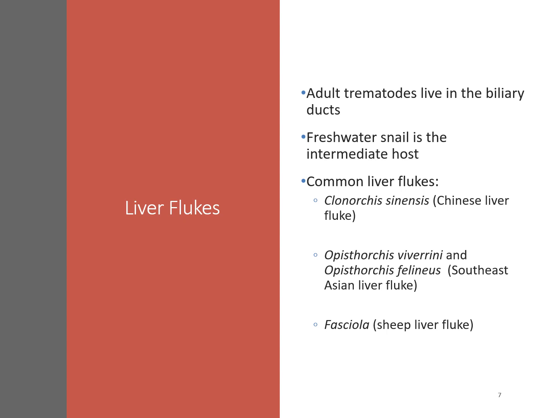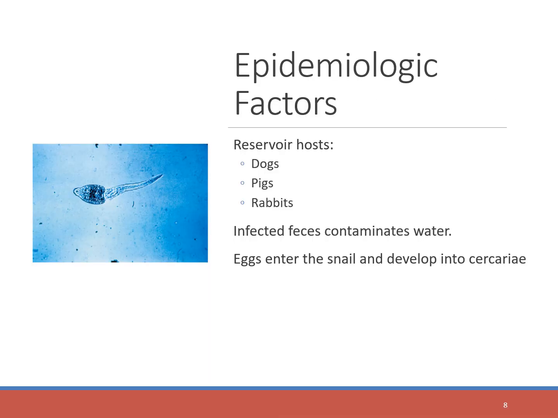With the liver flukes, the adult organism will live in the biliary ducts, and they infect the host through freshwater snails. We'll discuss three of the more common pathogenic organisms. They can infect from that freshwater snail, and then go into dogs, pigs, and rabbits, and the infection can happen because of feces that contaminates the water.